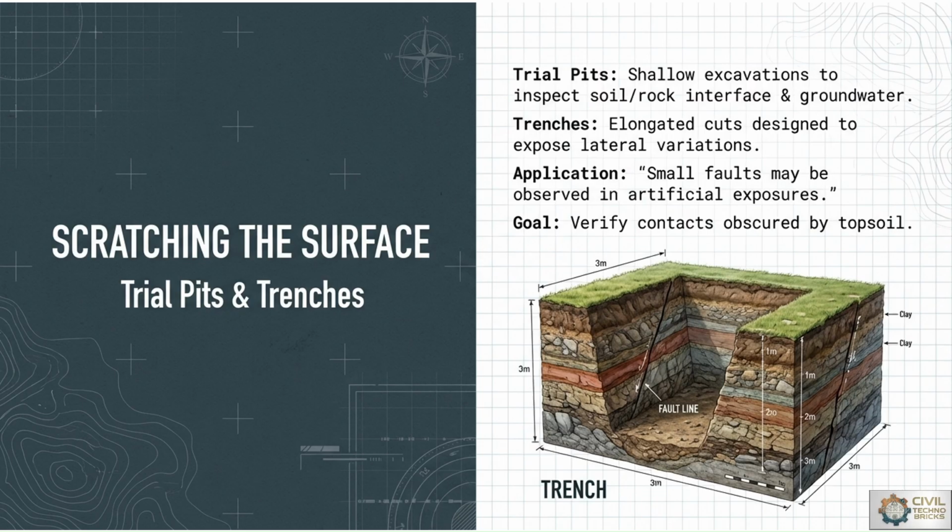These trial pit or trench methods allow engineers to collect soil and rock samples for laboratory testing also. They are most economical and highly useful for shallow foundation investigations and highway construction projects, to satisfy the goal of verifying contacts observed in the topsoil.